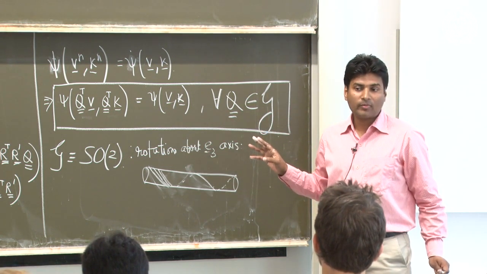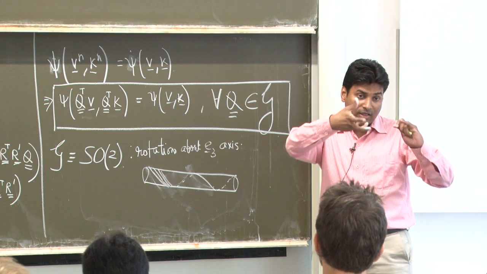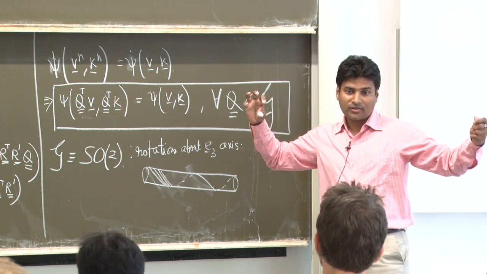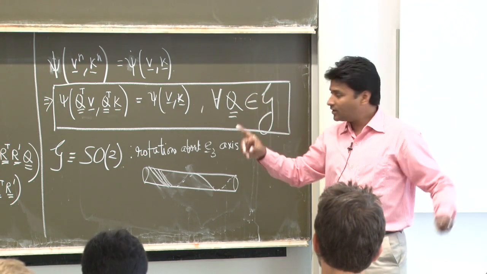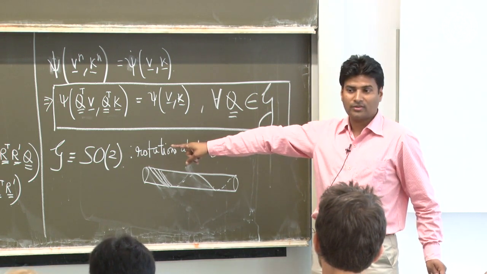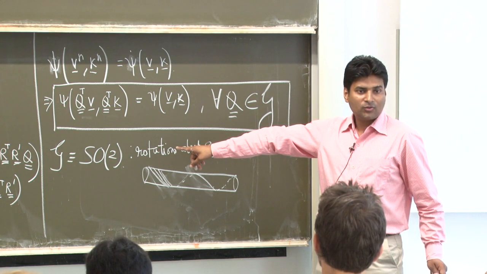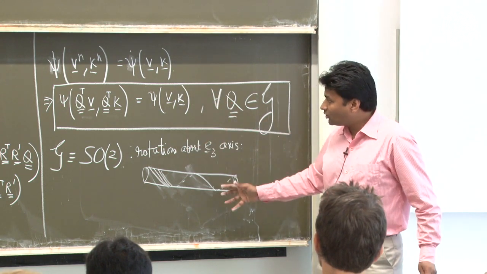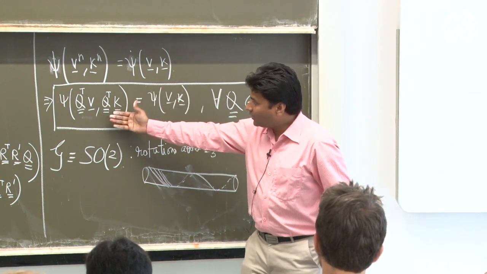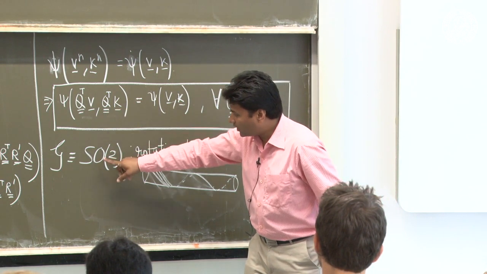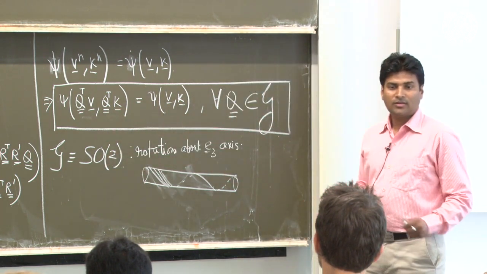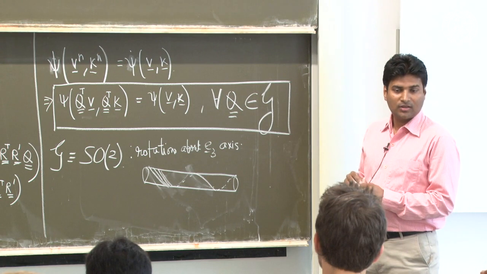So you can think of a continuum beam which has infinite such ropes, and then it has SO2 symmetry. So let's think of what invariance we get when the rod has SO2 symmetry. It has continuous symmetry about the E3 axis.